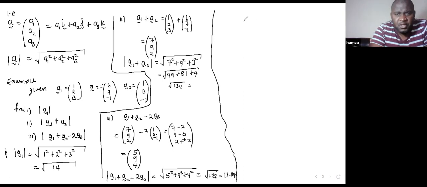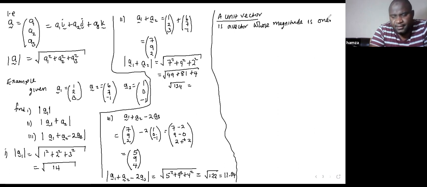Then another definition we need from that is a unit vector. This unit vector is a vector whose magnitude is 1.